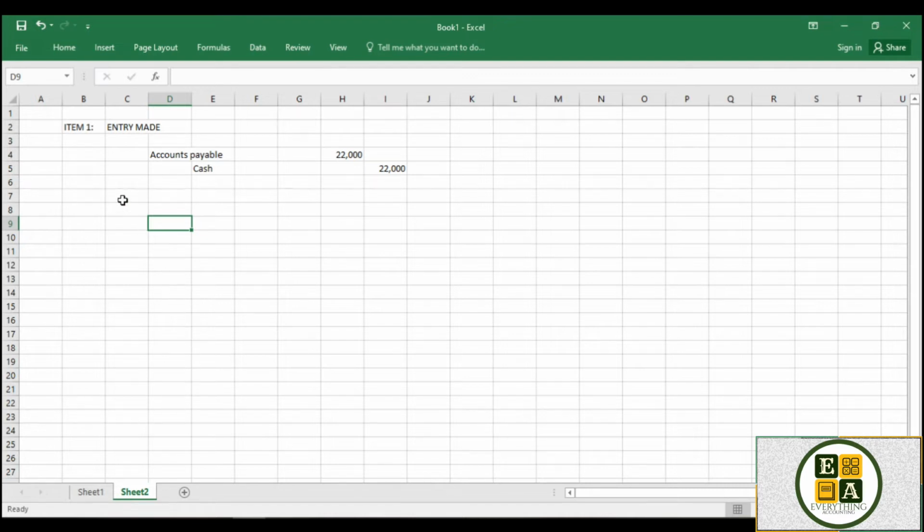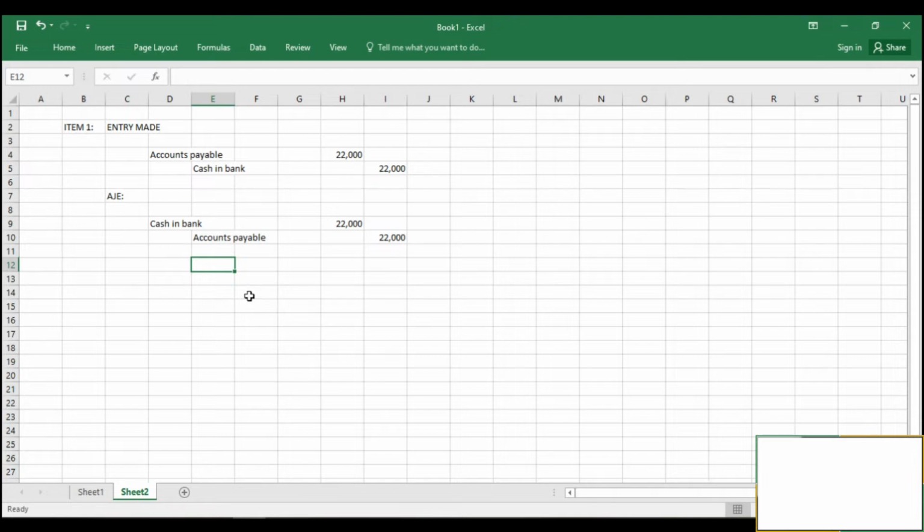So therefore, yung adjusting journal entry natin dyan, AJE, is just to reverse the entry. We have to debit cash, then credit accounts payable. You can use actually cash in bank. Okay? But ako, I'll just use cash. O sige, consider cash in bank for your benefit. Ganyan. Okay? So, ganyan lang yung ating magiging adjusting entry.